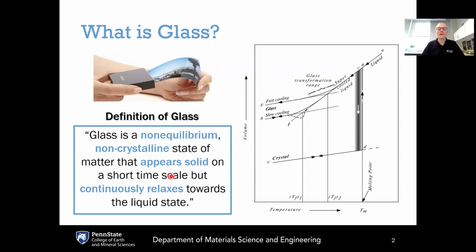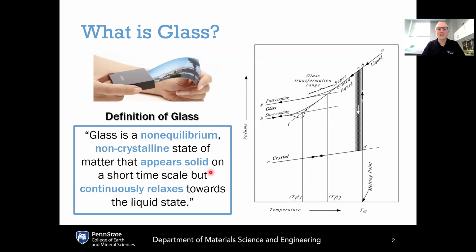As a result, the atoms don't have enough time to rearrange their structure in response to you tapping on it. Therefore, the response that you get from the glass is a solid-like response from that mechanical point of view.